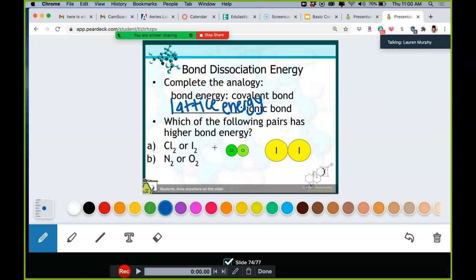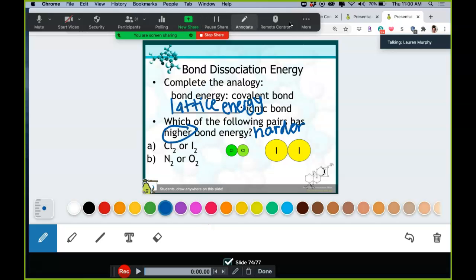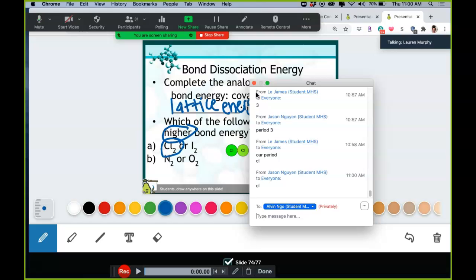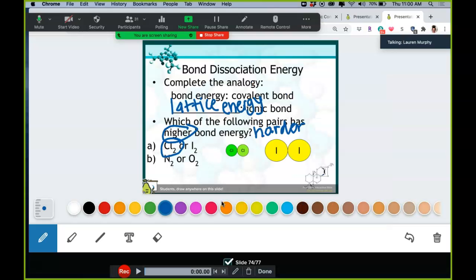So, which of the following bond pairs has higher bond energy or bond dissociation energy? Cl2 or I2? So this one's higher. So what does that mean? Harder to break. Cl2 or I2? Cl2, smaller. What about N2 or O2?